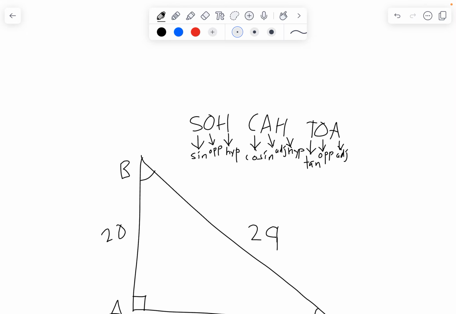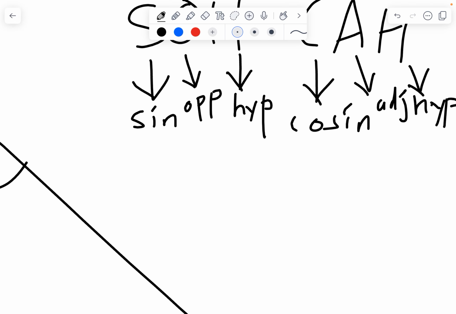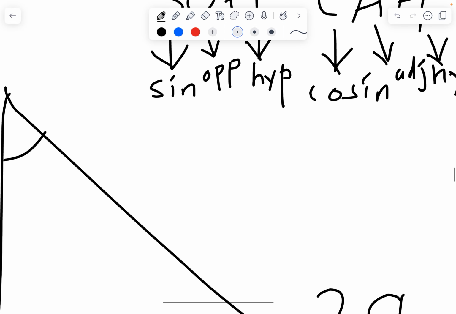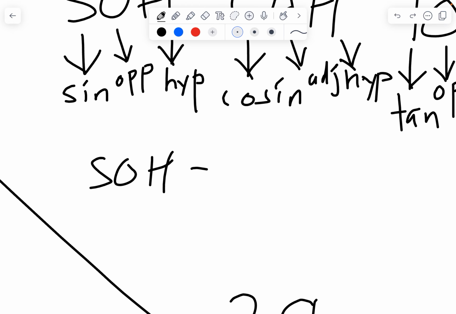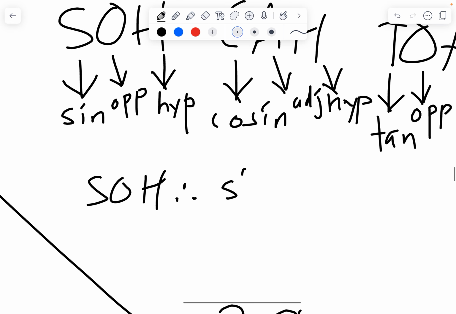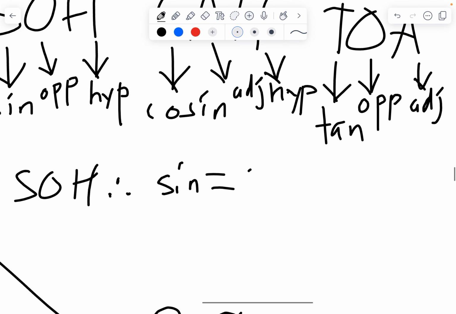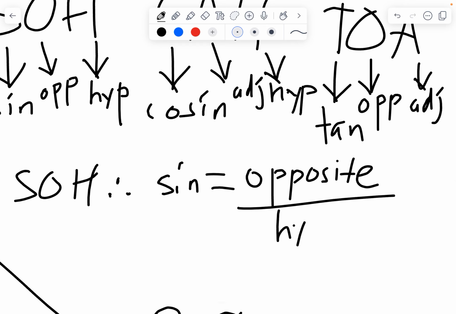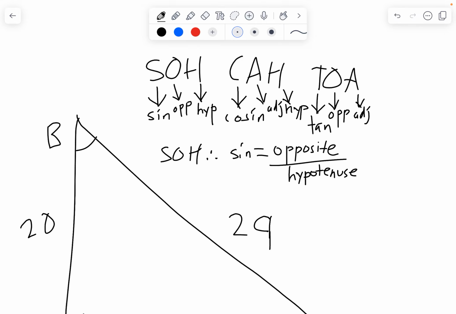Okay, what does that mean, though? This doesn't really make much sense. What this means is sine is equal to opposite over hypotenuse.